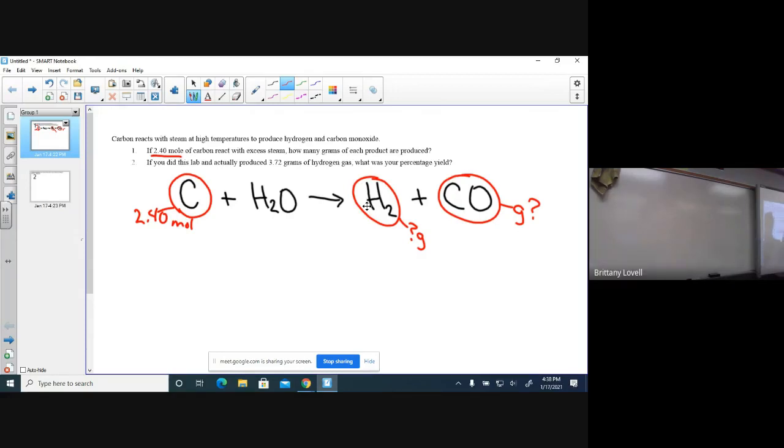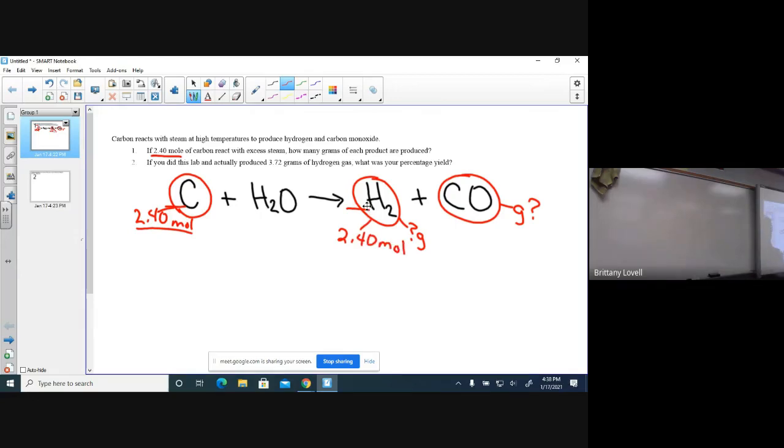What's the mole ratio? In the original equation, it's 1 to 1, right? Well, that means if that's the mole ratio, the same thing would apply to the amount that I'm given. So if I have 2.40 moles of carbon here, that means I have 2.40 moles of hydrogen here, right?